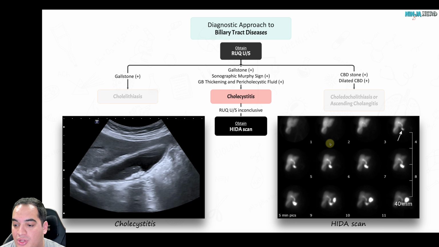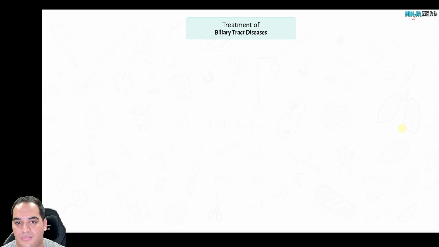If there's an obstruction, it won't fill the gallbladder. So we're looking for areas where the tracer is not emptying into the gallbladder. If we don't see the tracer in the gallbladder, we know there's an obstruction, and that tells me they definitely have a stone there. It's likely cholecystitis. So again, no tracer filling the gallbladder, it's cholecystitis.